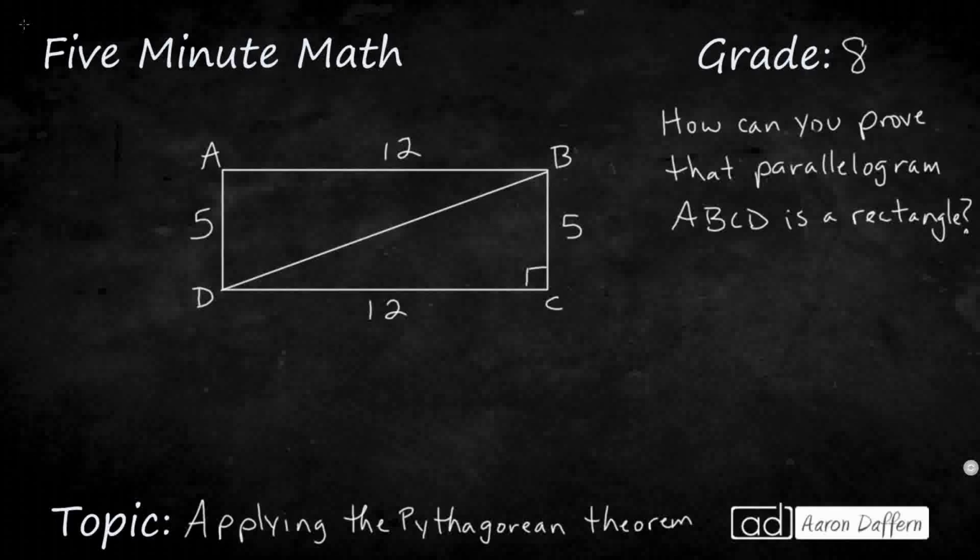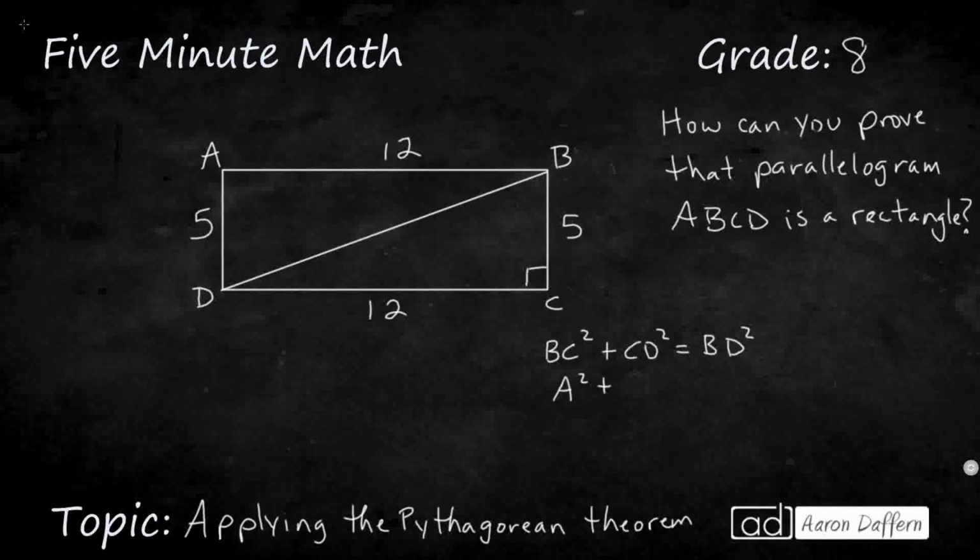So a statement that we could write would be this. We could say that BC squared plus, and let's just do it in letter order there, CD squared equals BD squared, right? That is our Pythagorean theorem.